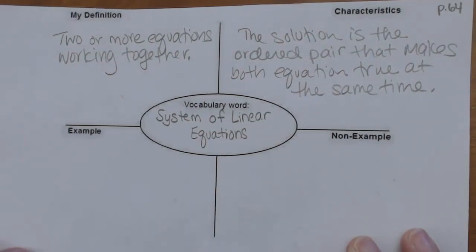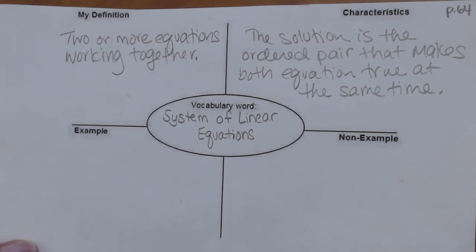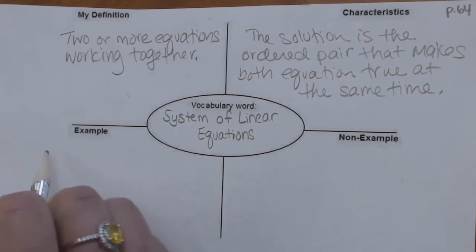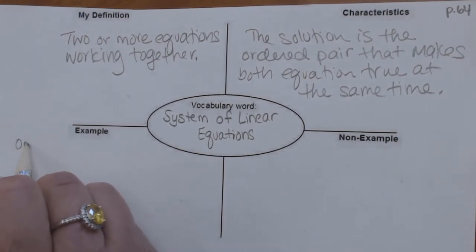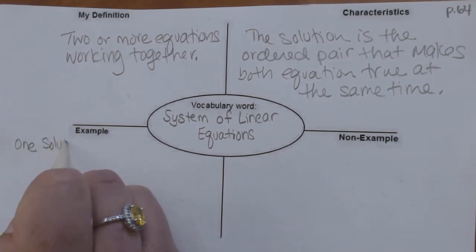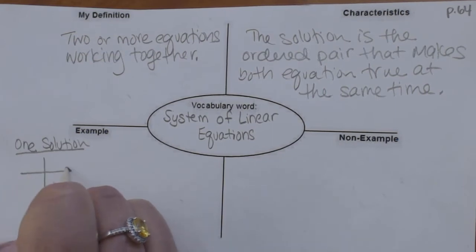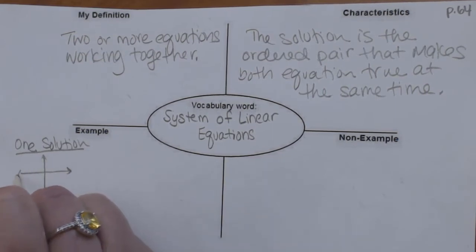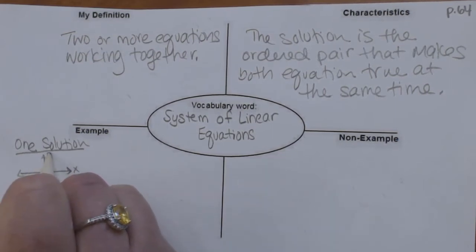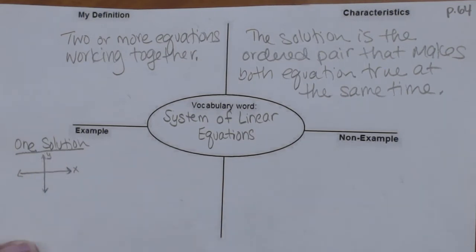That's what I'm going to show you in the example. In the example, we can have first one solution. If you remember, one solution is where they meet at a point, or they cross or intersect. Those words are really good to use. So here's my x and my y.